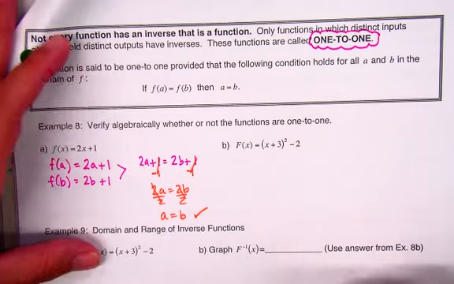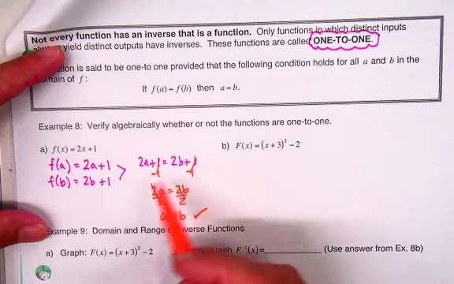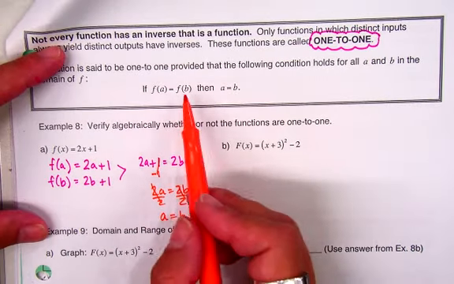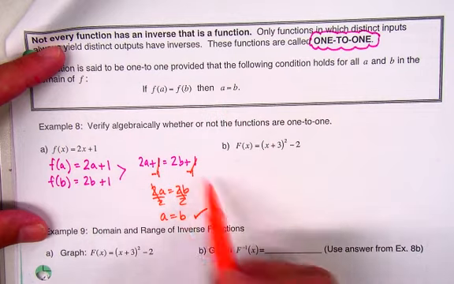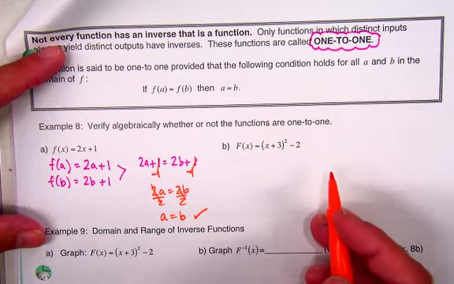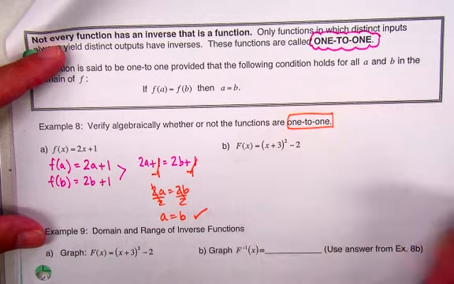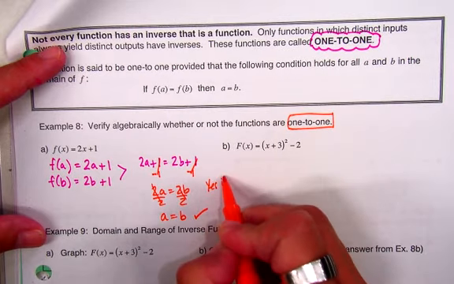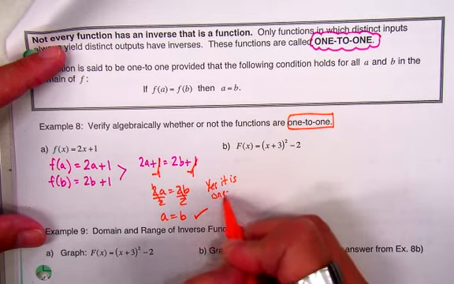Check. So I have verified that if f of a equals f of b, then a equals b. So this means it's one-to-one. Yes, it is a one-to-one function.